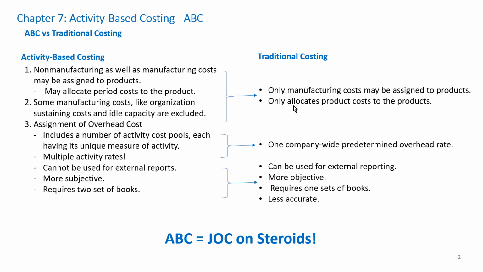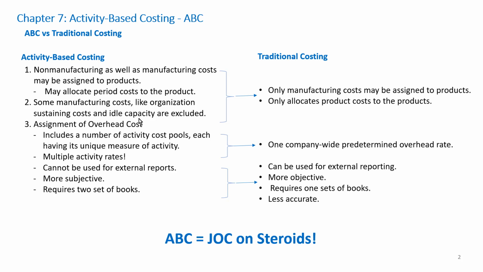Second, some manufacturing costs may be excluded from product costs. This is because ABC only assigns a cost to a product if decisions concerning that product will cause changes in the cost. ABC excludes 2 types of costs from product cost: organization sustaining cost and cost of operating at idle capacity.